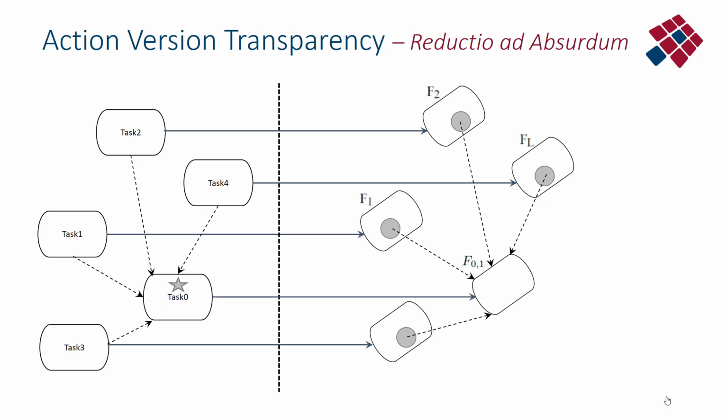Now, this means if we would change the implementation on the left-hand side, and so we change the implementation of that function that we call, which may be a logger or a data collection or whatever. If the interface is not properly encapsulated, if it is not a version transparent interface and the interface changes, this would mean that we would have to change all the pieces of software calling this function within the other software modules.